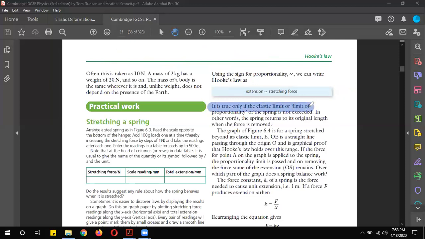Now it is true if it is inside the elastic limit. Inside the elastic limit, Hooke's law is valid.